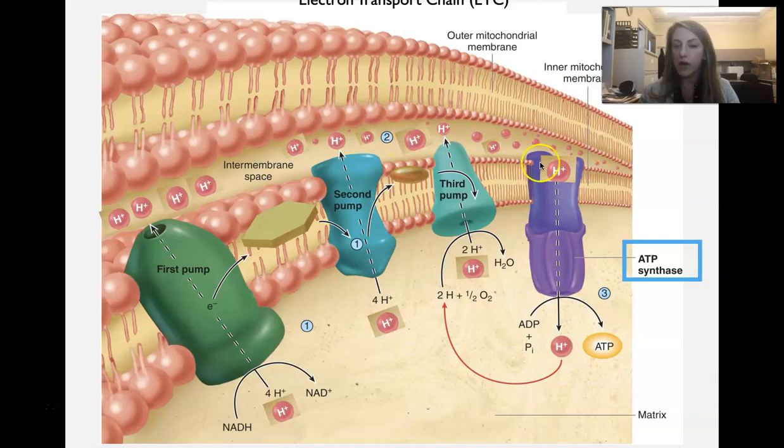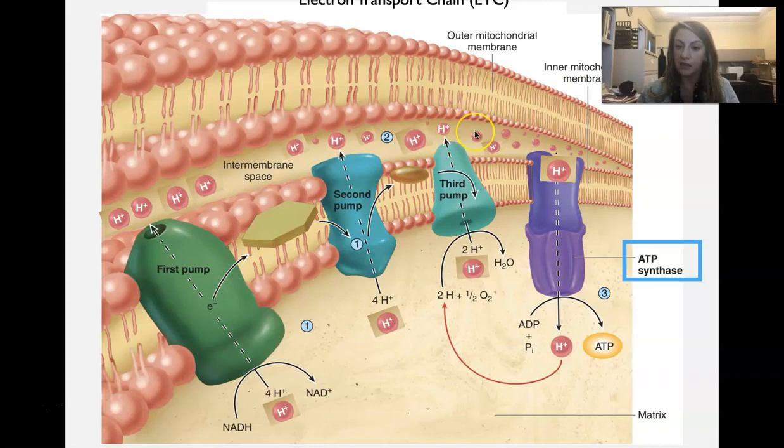Okay, what happens, think back to basic biology, what happens when you have things at an area of high concentration and things at an area of low concentration. Stuff diffuses. Okay, so we have these pumps powered by electrons creating a high concentration out here.